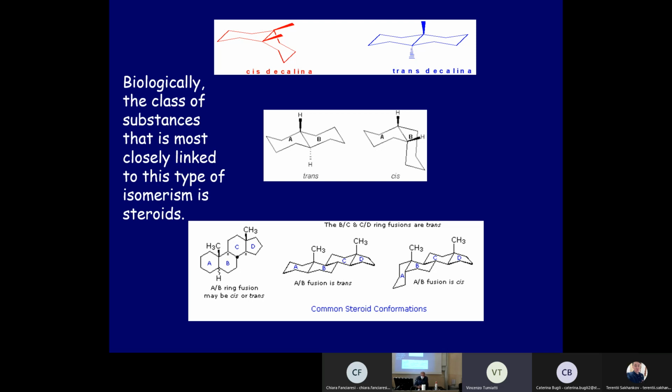Decalin means 10 carbon atoms, 2 six-member rings fused together. You can see these 2 hydrogen atoms are on the same part in the cis isomer. In the trans isomer, the two hydrogen atoms are in the opposite part.